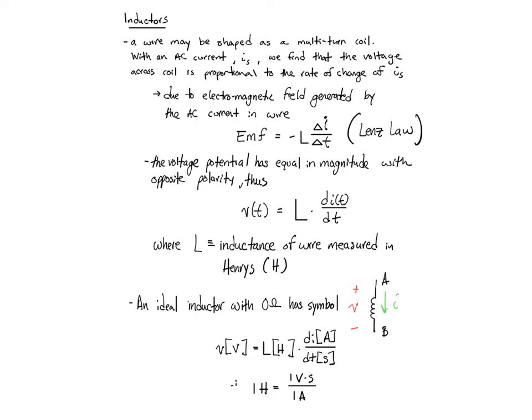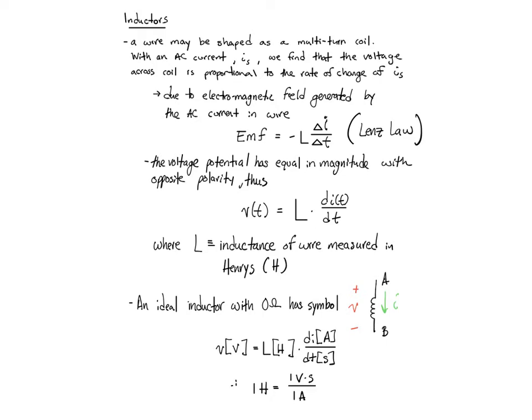It really just notes that any wire or something that has the ability to carry electric current that passes alternating electric current generates a magnetic field.